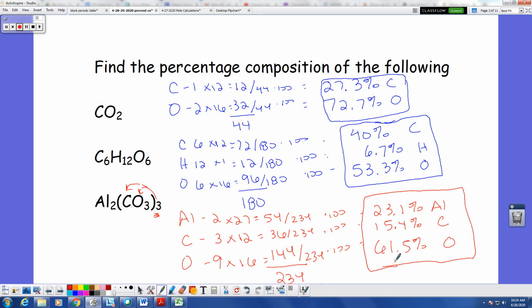And again, that should add up to 100. I thought I did something wrong when I tried to check it. Yeah, I get exactly 100.